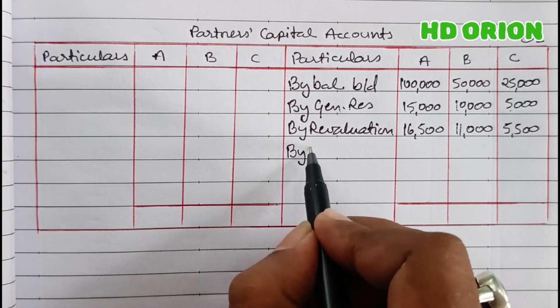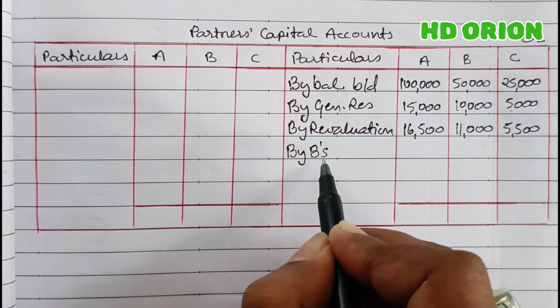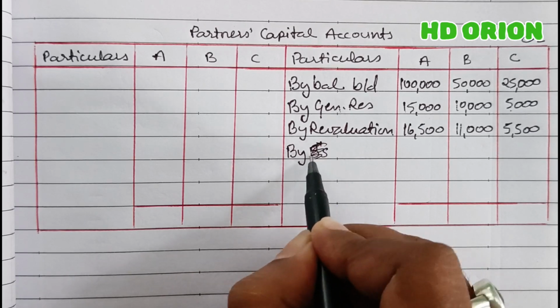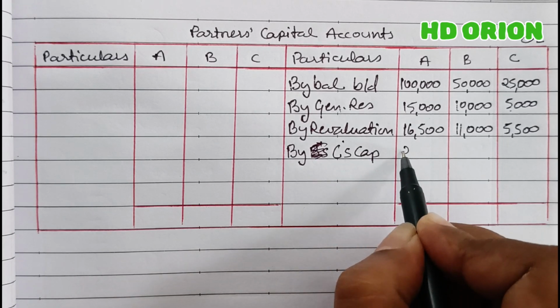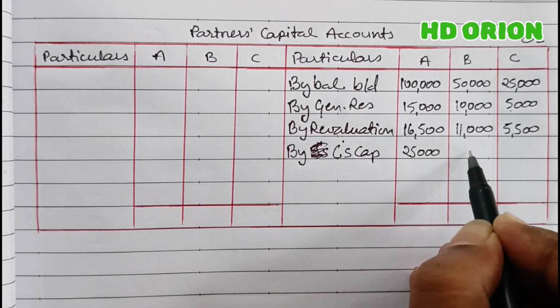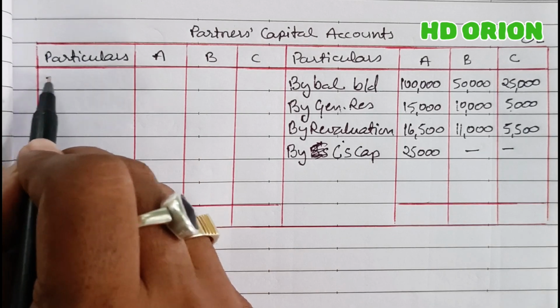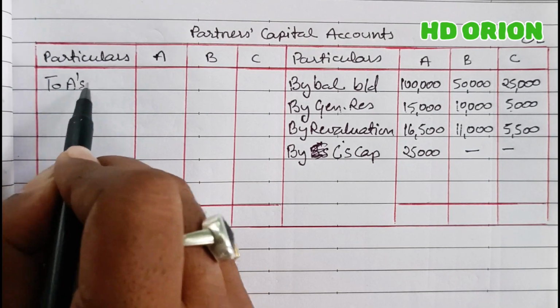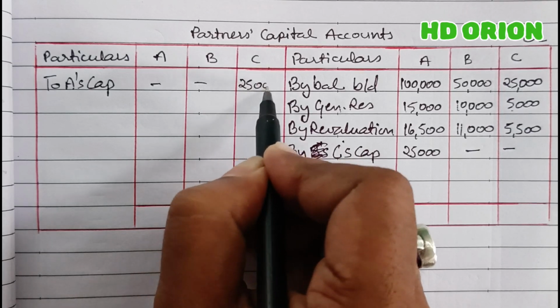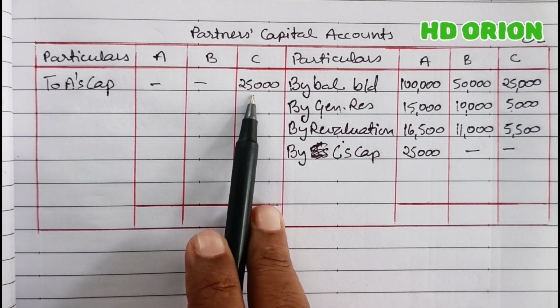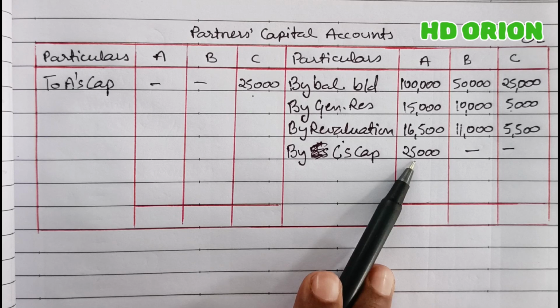Fine. So by C's capital account, 25,000 rupees. And here we will write to A's capital account. We will deduct 25,000 rupees from C, because C has gained and A has sacrificed.